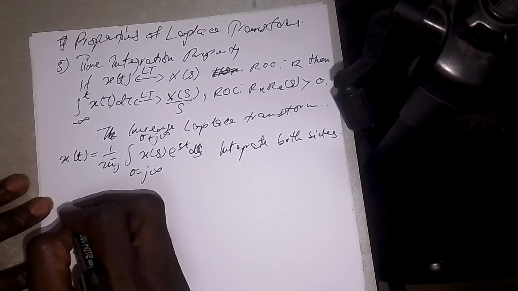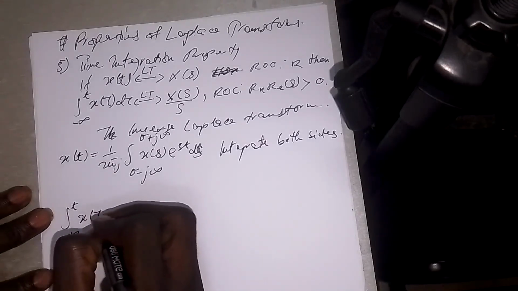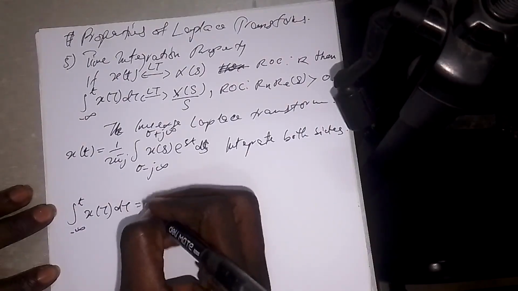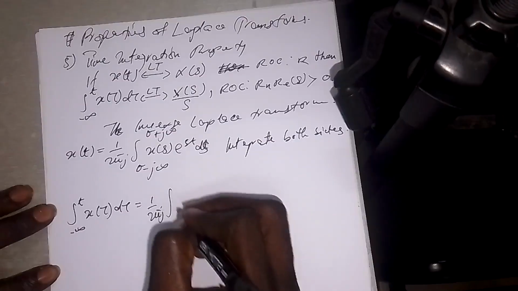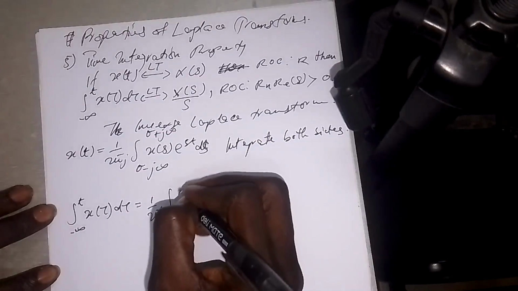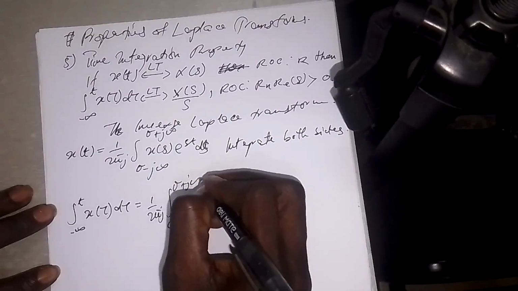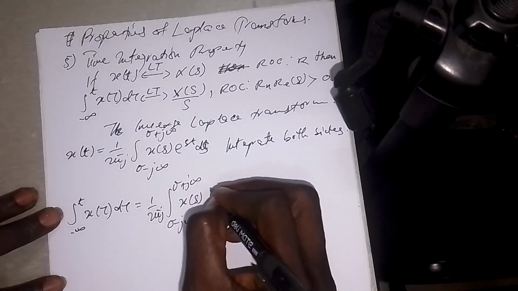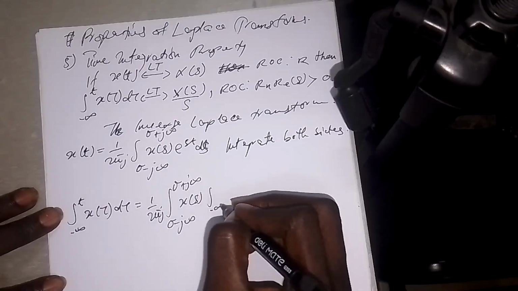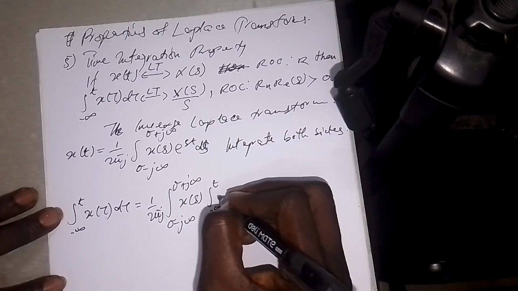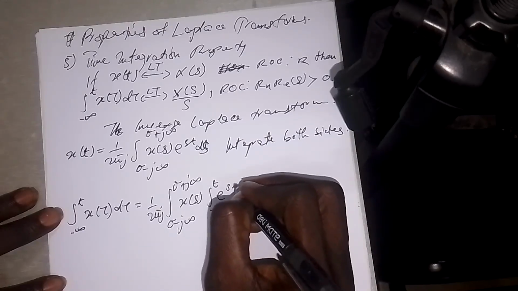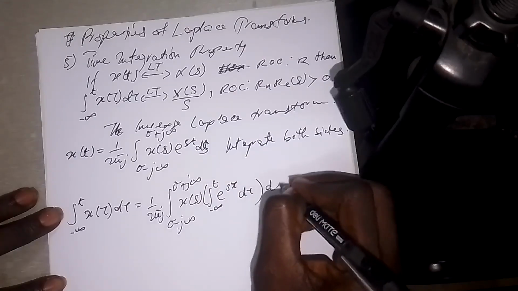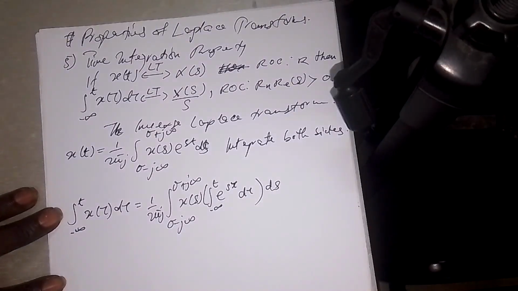On the left, the integral from minus infinity to t of x of tau d tau equals 1 over 2 pi j times the integral of X of s times the integral from minus infinity to t of e to the s tau d tau, all of this ds.